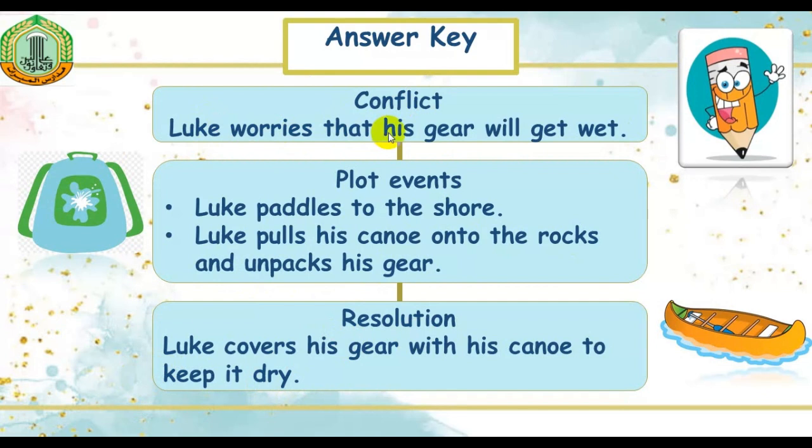Luke worries at first that his gear will get wet. He covers his gear with his canoe to keep it dry. These are the plot events that lead me to the resolution. I hope now you are able to read the story and understand it very well, to be able to pick out the conflict and the resolution and the plot events related.